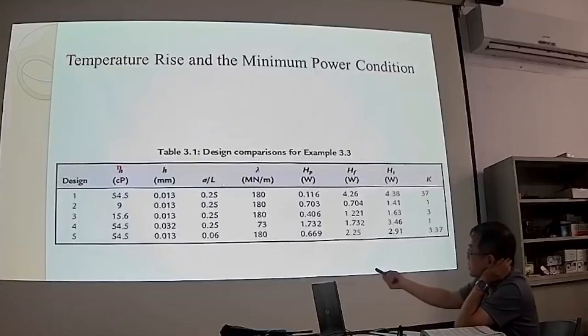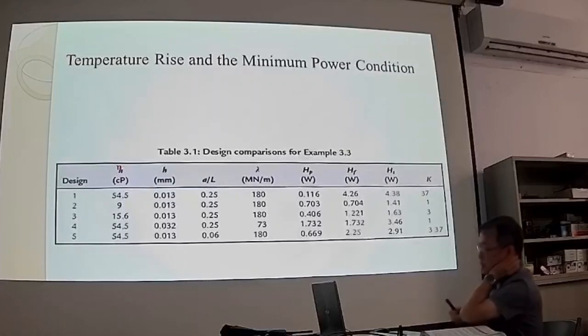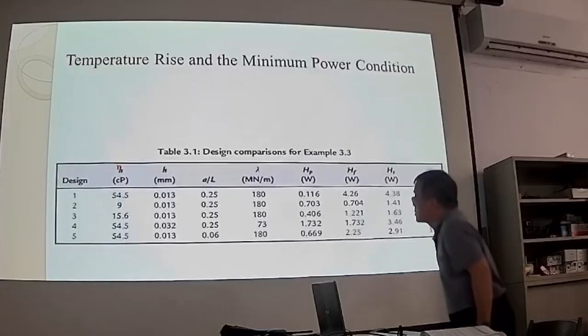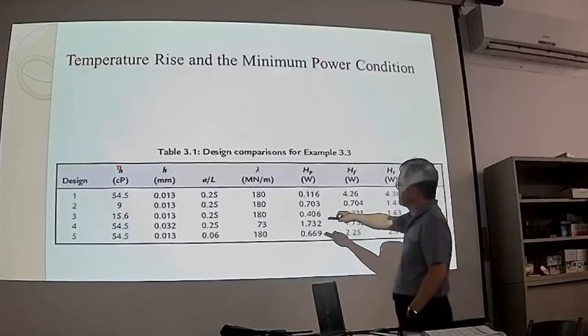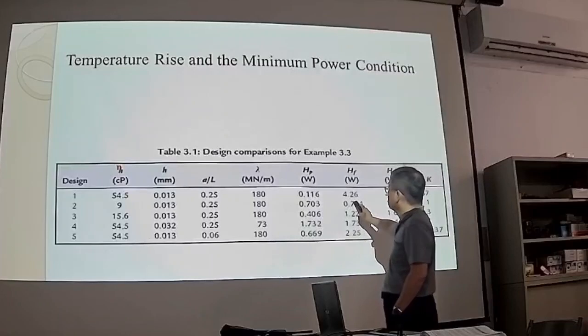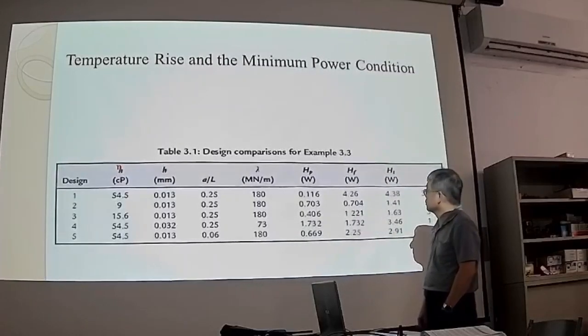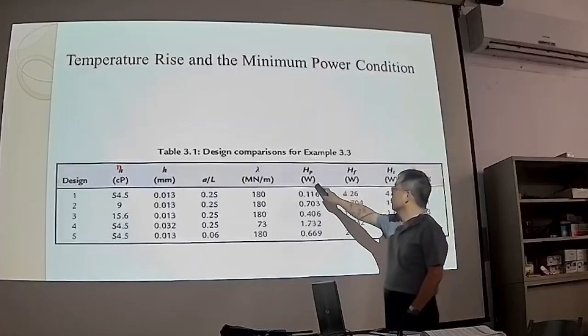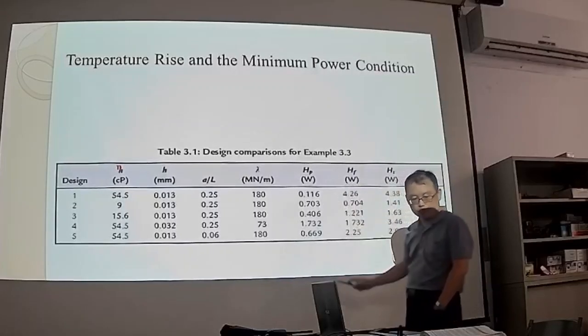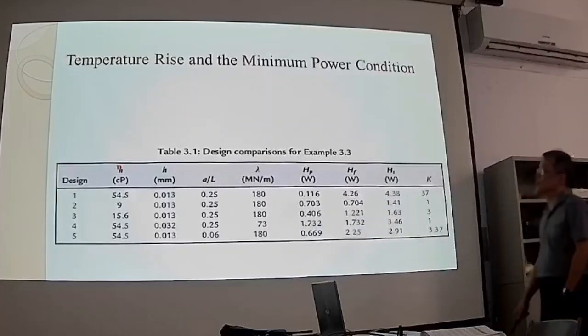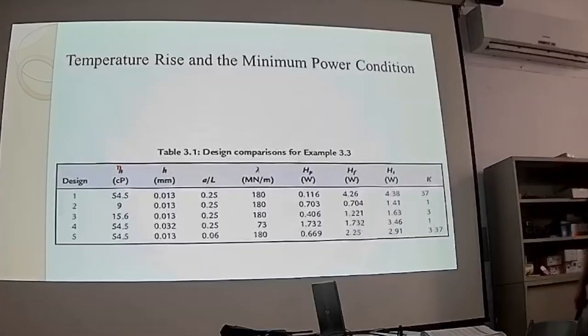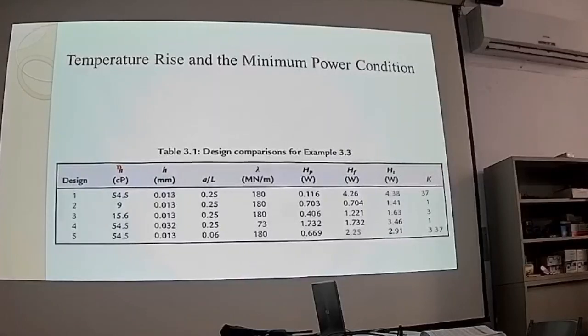So in the land width ratio, here is the thickness. Thickness of the barrier. This is the pumping power, friction power, total power. So total power equal to the pumping power plus the friction power.